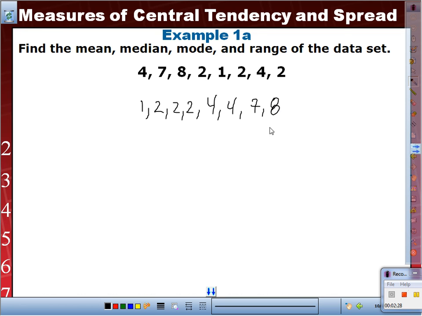All right. Now that we got that, we're going to go ahead and find the mean. I'm going to write that down here, mean. And everybody remembers that to find the mean, which means the average, you need to add all the numbers and divide by the number of numbers. So how much is the sum, Jordan? 30. And we're going to divide by 8. That should give us 3.75.